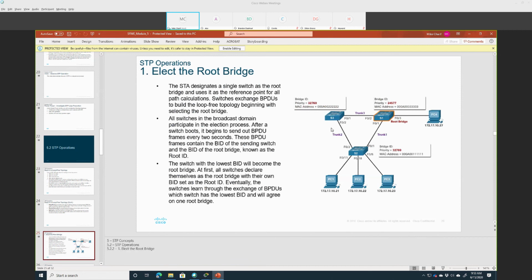Therefore, we're going to block it right here, and this is going to be another designated port. You follow? This is alternate. We're blocking it logically, not physically. Okay?